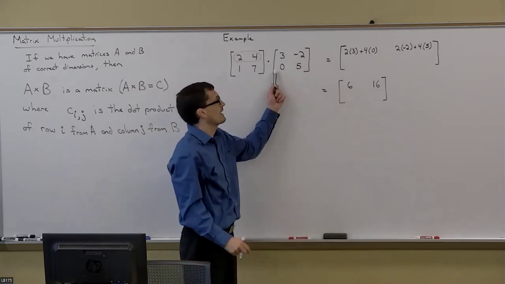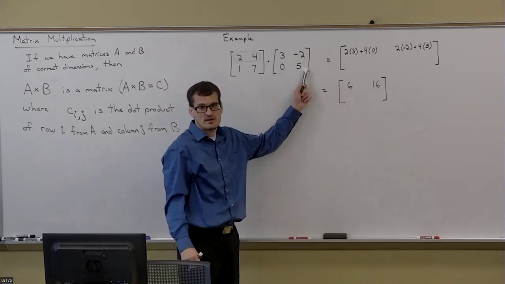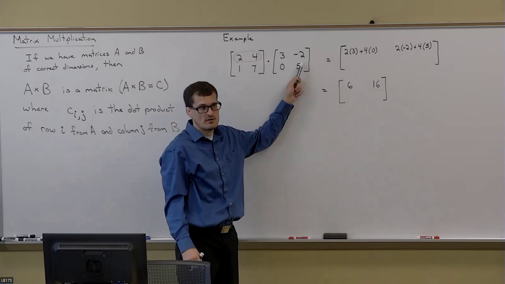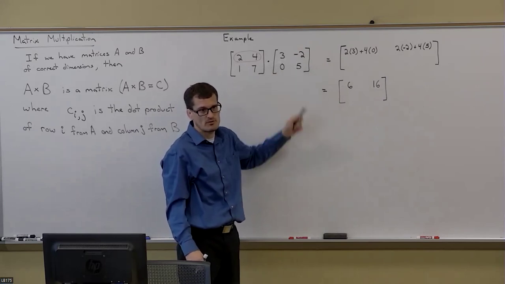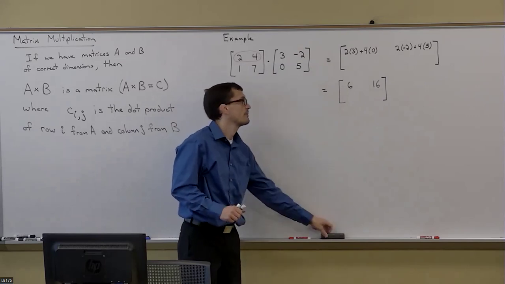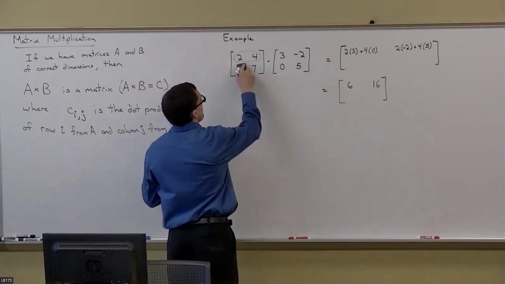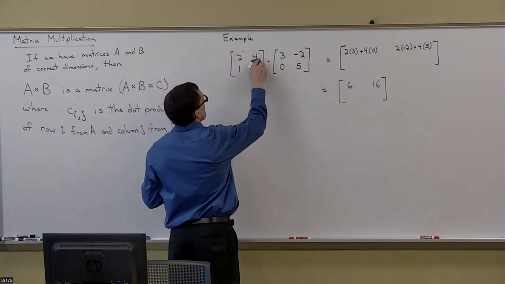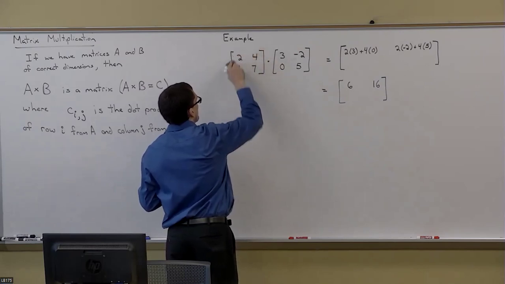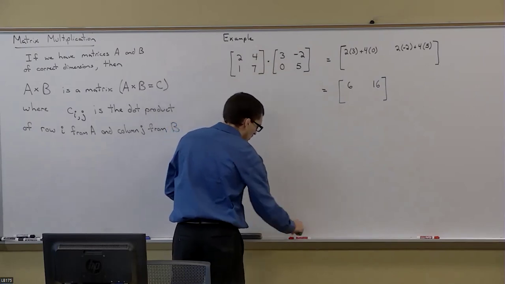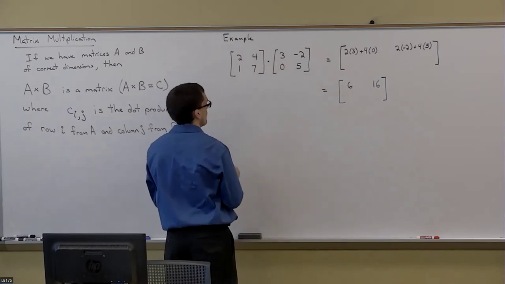I ran out of columns, I should have said. I ran into the end of my row. Then I go back and I say, well, I've done all of row 1 times the respective columns. Now, let's take row 2.